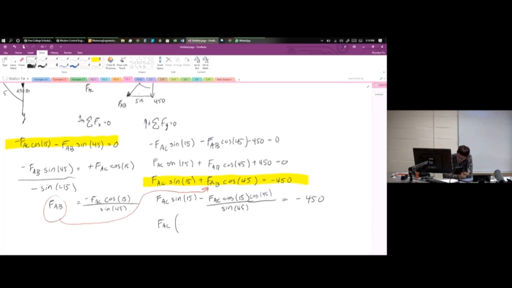So then you could group these together, right? So you have sine 15 minus cosine 15 cosine 45 over sine 45 equals negative 450, right?